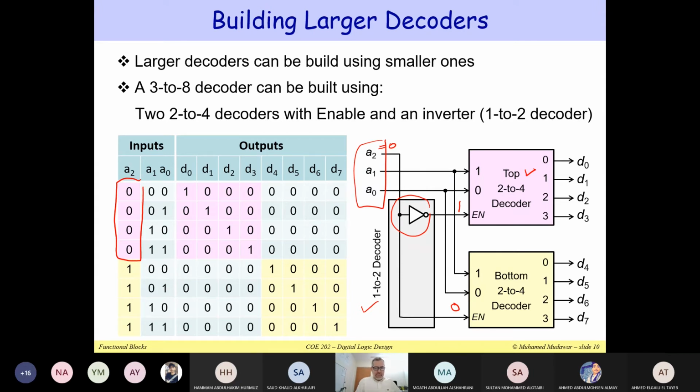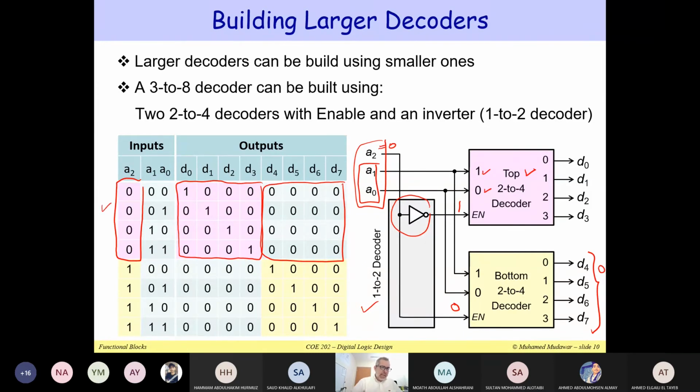If the bottom decoder is disabled, we get D4, D5, D6, D7 all zeros. Now the top decoder is enabled. We're connecting A1, A0 to inputs 1 and 0 here. Therefore one of the outputs is equal to 1. So either D0, D1, D2, D3, one of them will be equal to 1 and all the other ones will be zeros.